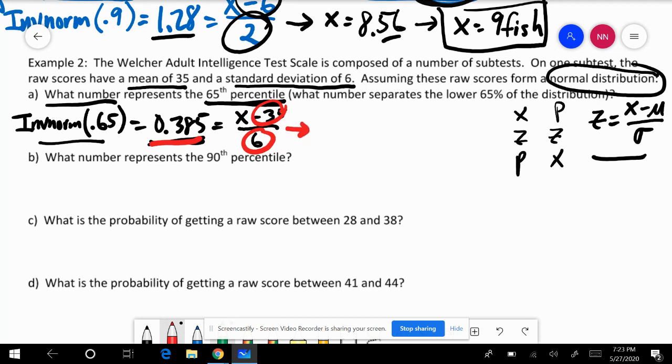And when we do that, what we get is an x value of 37.3. Now, since it says the 65th percentile, we want a value where 65% of the people are below us. So that means that we are going to round up to 38. So we would need a 38 on this score in order to solve it.